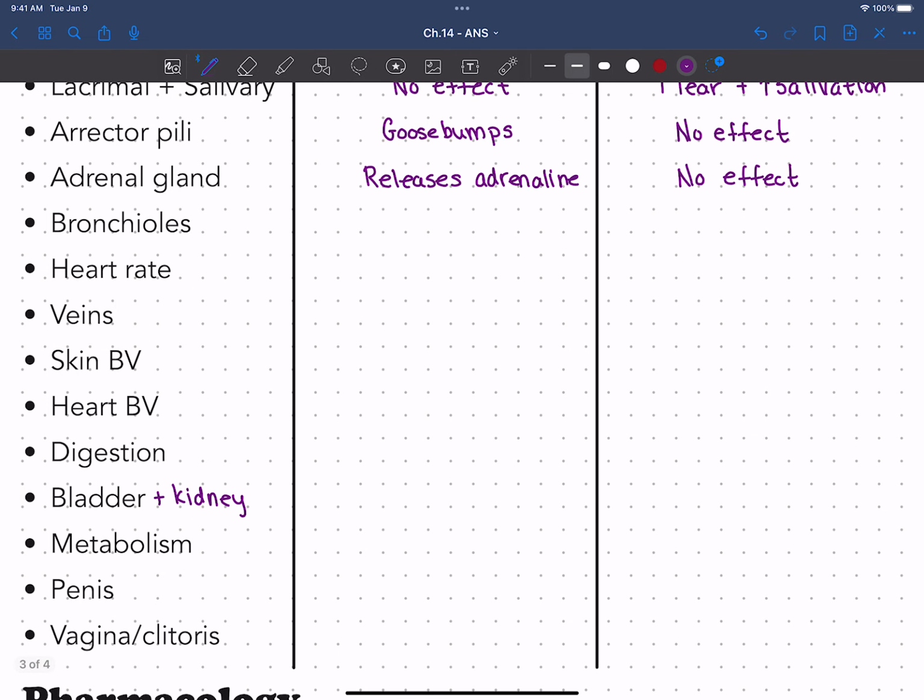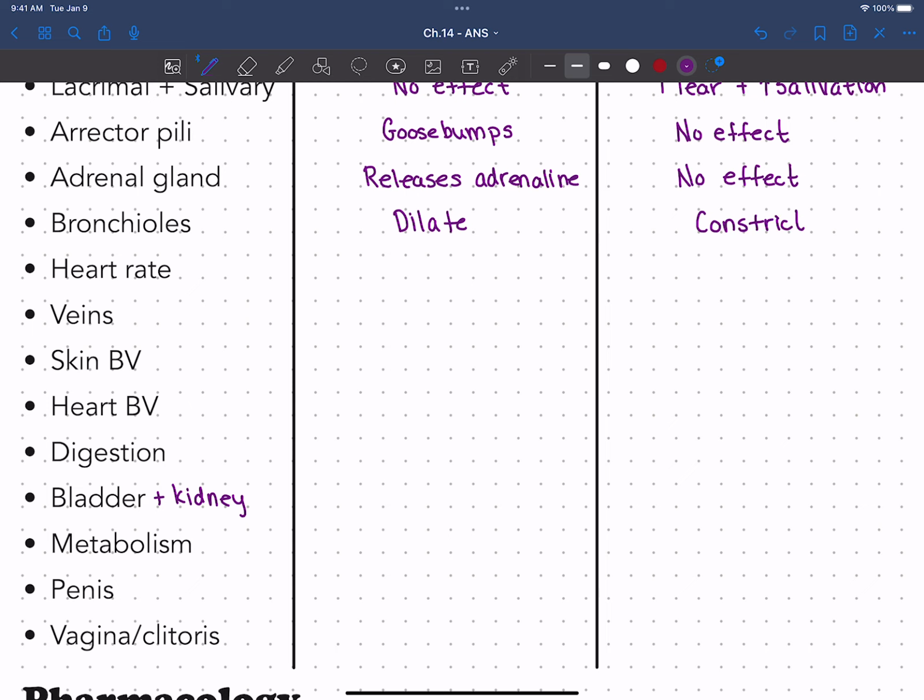Bronchioles. Okay, so with the bronchioles, these are dual innervated, so they're affected by both sympathetic and parasympathetic nervous systems. All right, and so the sympathetic nervous system will cause bronchioles to dilate, and the parasympathetic nervous system will cause them to constrict.